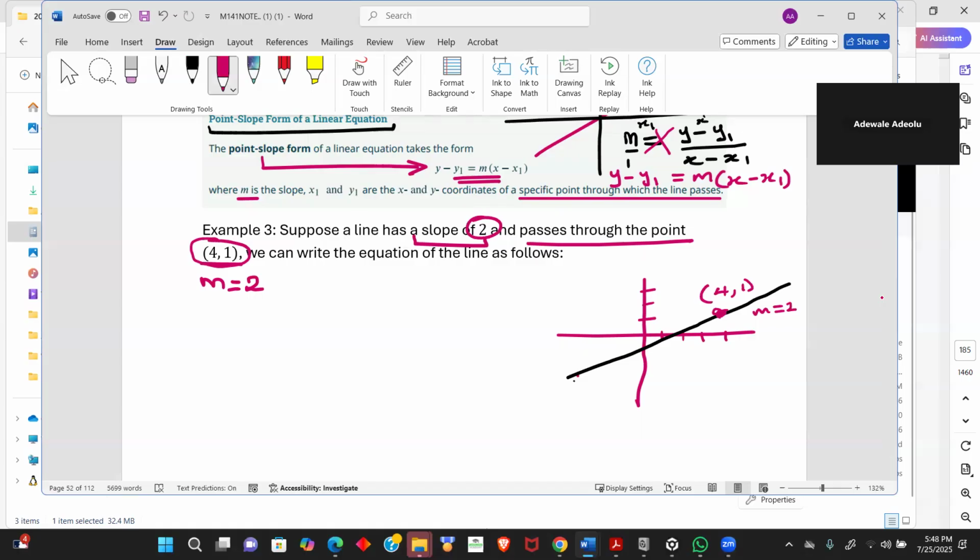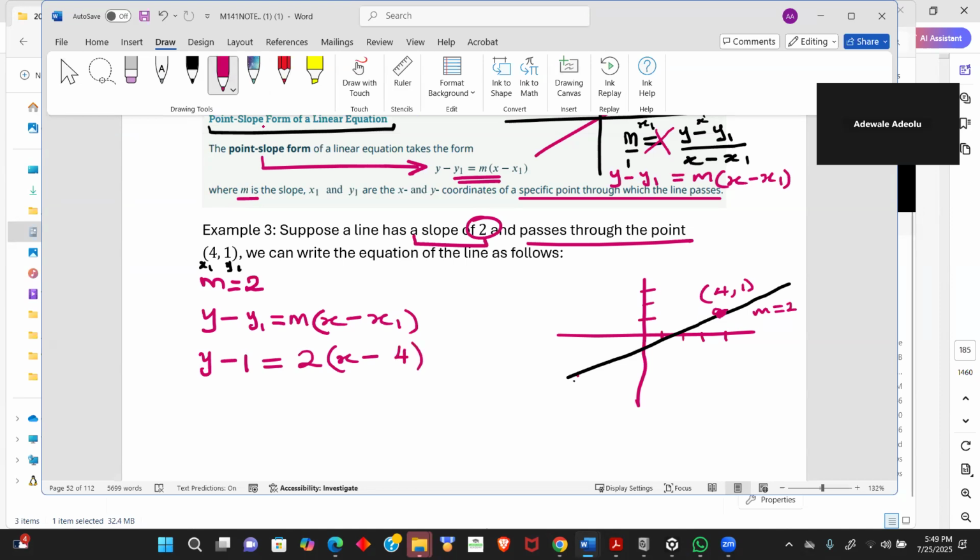So we write y minus y1 equals m into x minus x1. If I go to the point I have, this is my x1 and this is my y1. So that is y minus 1 equals slope 2 into x minus my x1, which is 4.